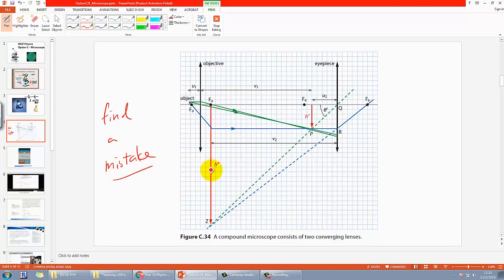But I think in a way you would be able to understand a little bit more and take it as a challenge. What I mean by the mistake is that one of the rays here is wrong. But it doesn't affect the outcome. At the end of the day, you still find the image forming here. This is the final image. So pause the video, think about it, and get back to us.